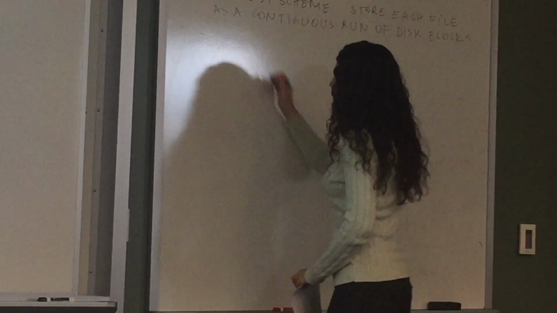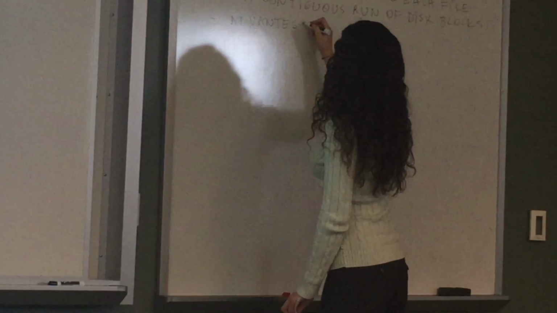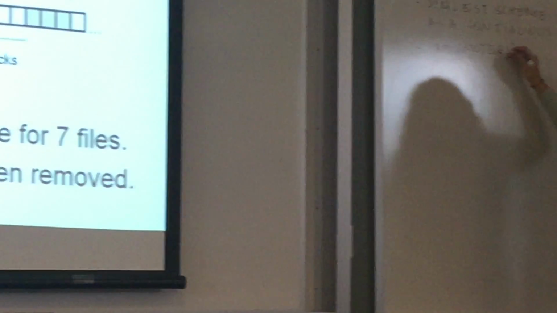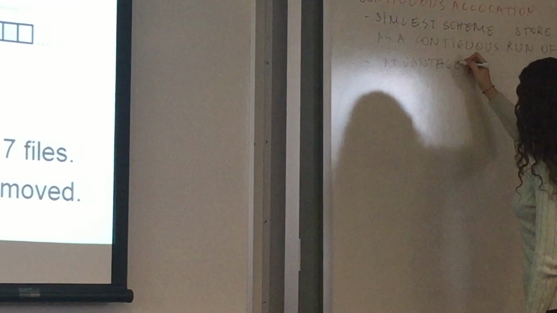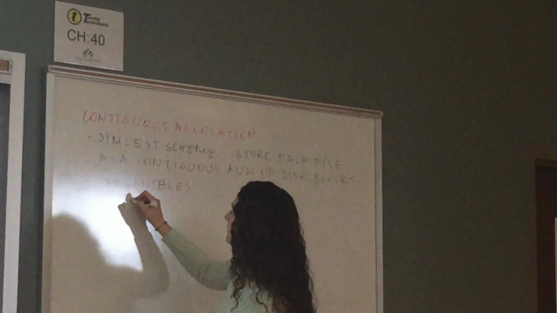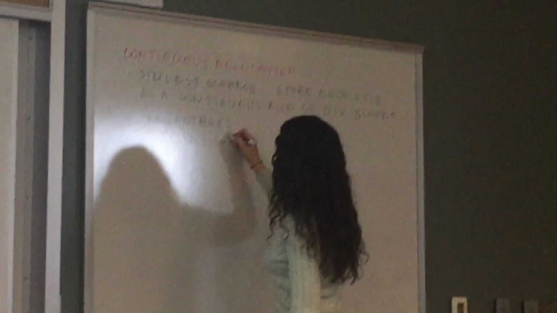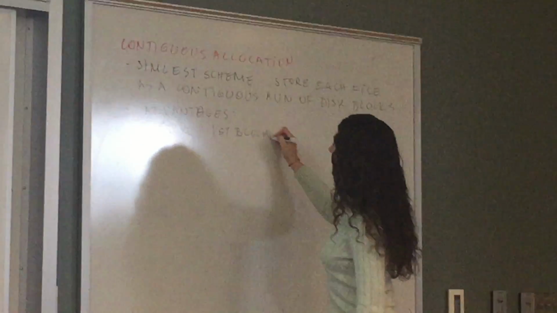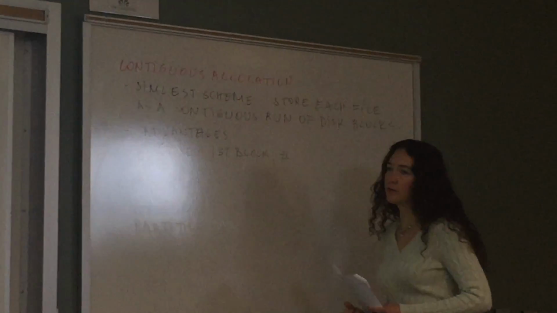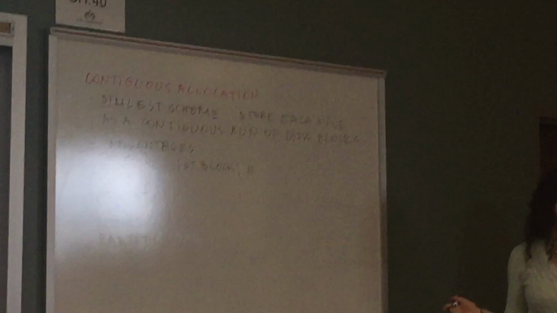It's simple to implement because since the blocks are right after each other, the only thing we need to store is the first block and the number of blocks that are following the first block.